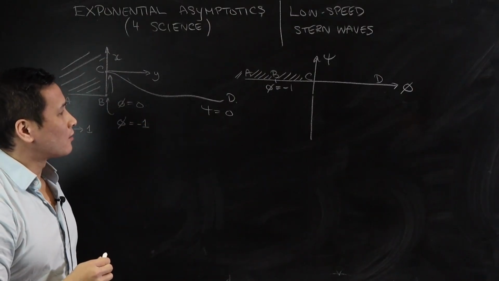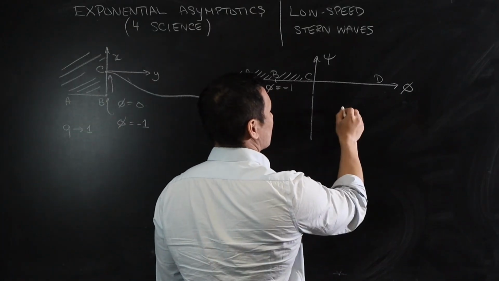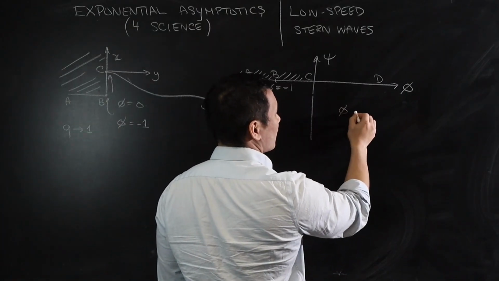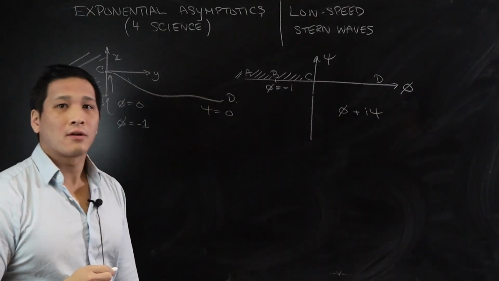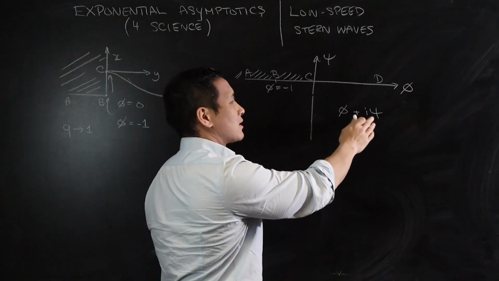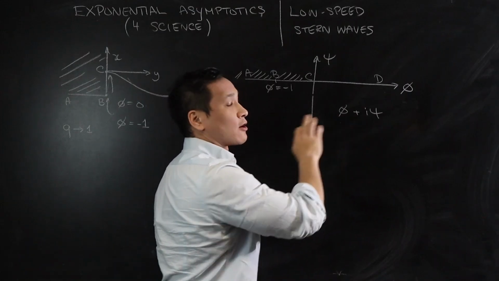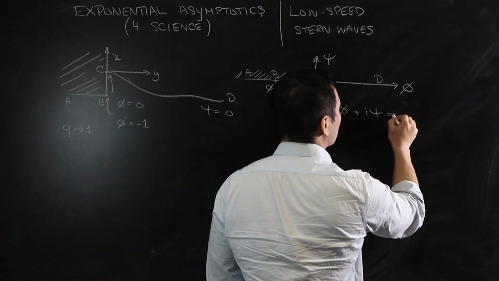Okay? So, as we also explained last time, you want to start to think of phi and psi together. And you can do this because phi satisfies Laplace's equation, and so psi, the stream function, is the harmonic conjugate, giving a new complex variable, which you call w.